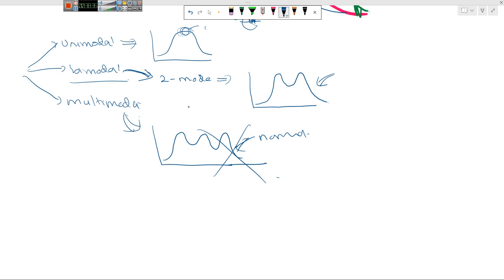But we can consider some alternatives. For example, we can perform a mathematical transformation, or we can divide the bimodal distribution into two data sets and perform the data analysis. But that is not always possible, so we better go for non-parametric methods.